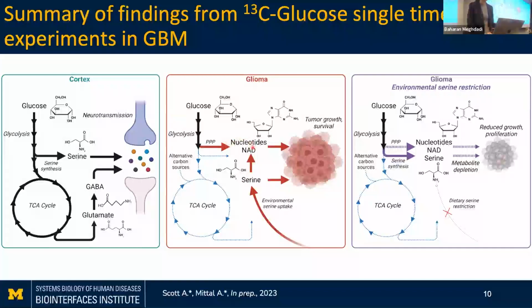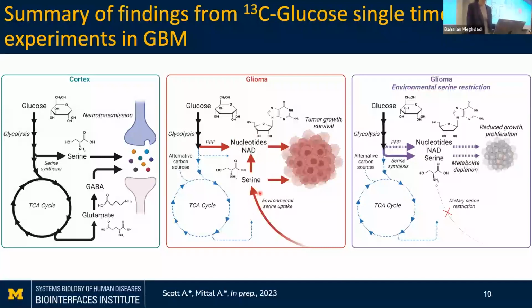We saw higher enrichment of nucleotides in the glioma, so glioma needs to synthesize more nucleotides, and this confirms the hypothesis that glioma cells want to proliferate and divide, and they need more nucleotides for their divisions. So they need some sources for nucleotide synthesis.